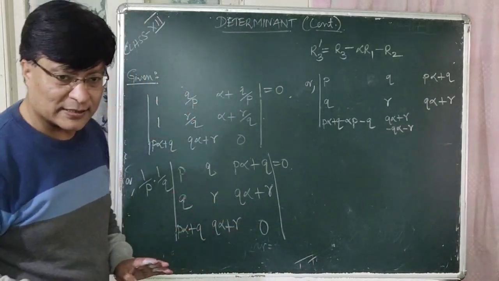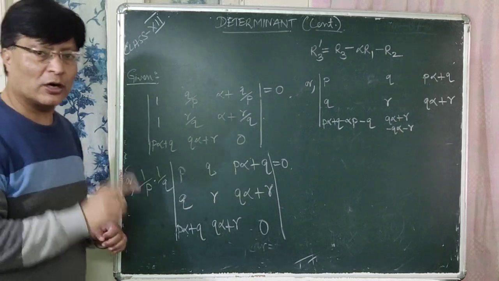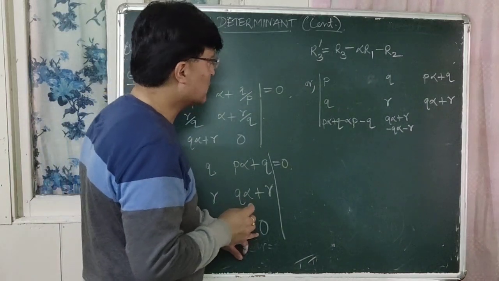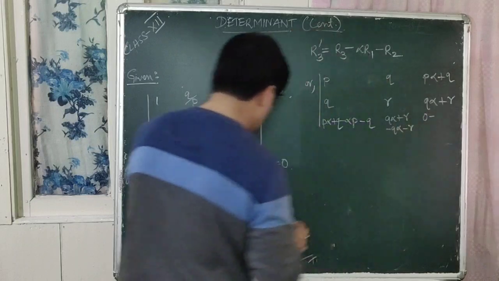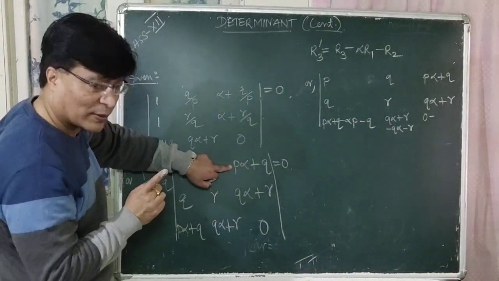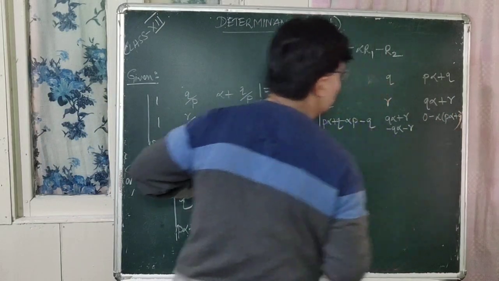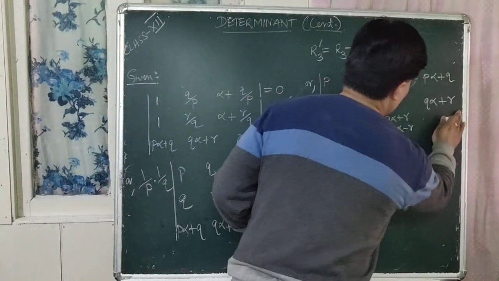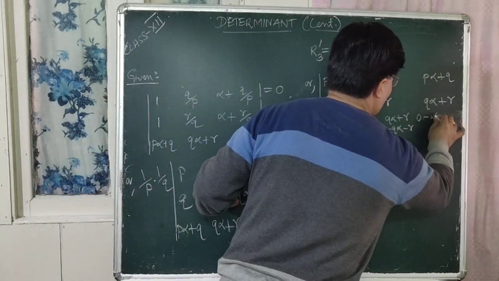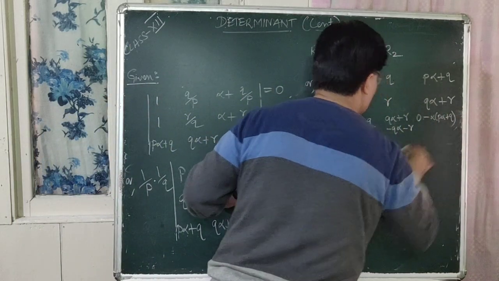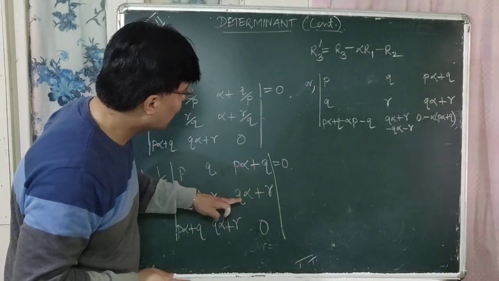Next, this one will be changed. Now what will be the new third element of the new third row? Let us write this down. R3 dash is equal to, what is R3 here now? 0. 0 minus alpha into R1, which is alpha into P alpha plus Q. Then minus R2.